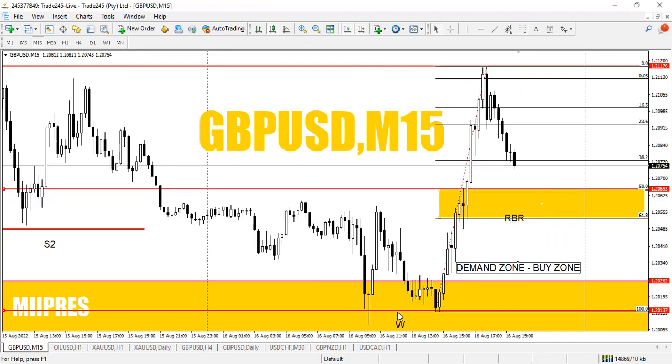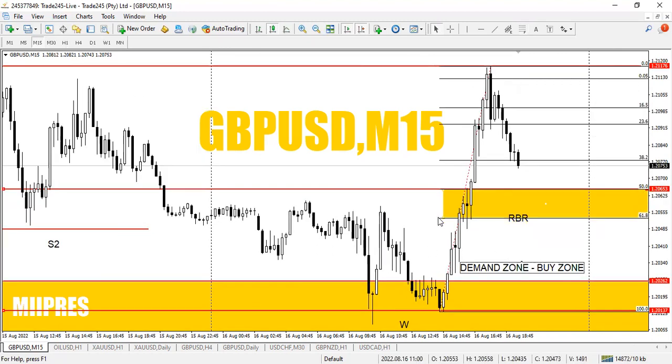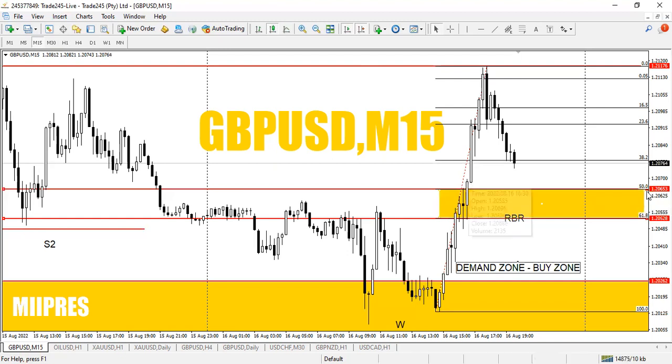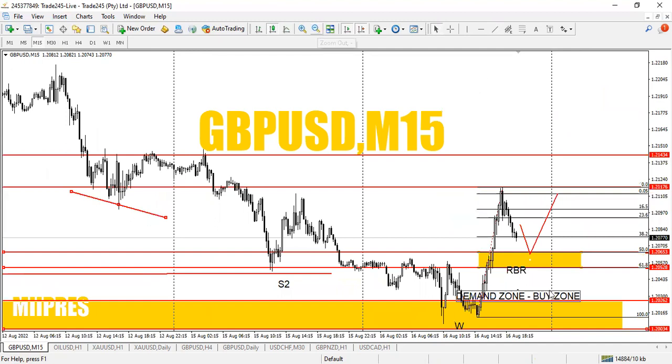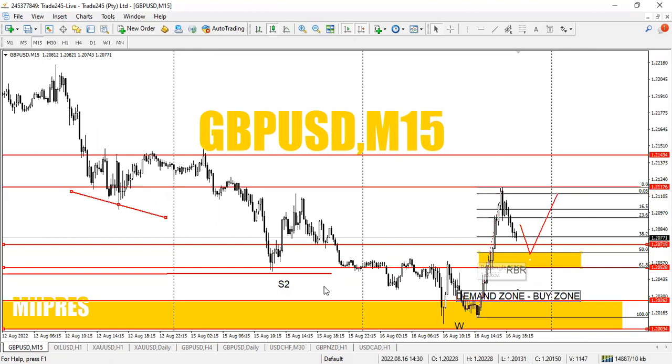So if we were buying something and it comes back to the 50 and 61 levels, that is where we look again for another entry. If the price comes back here, we look for another entry for buying again. Hope you guys are getting this. And obviously there was a break of the structure over here.